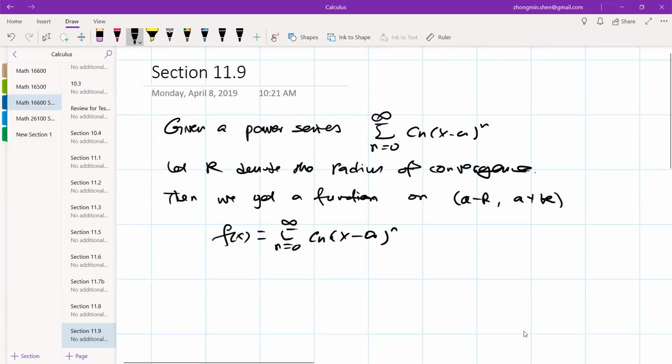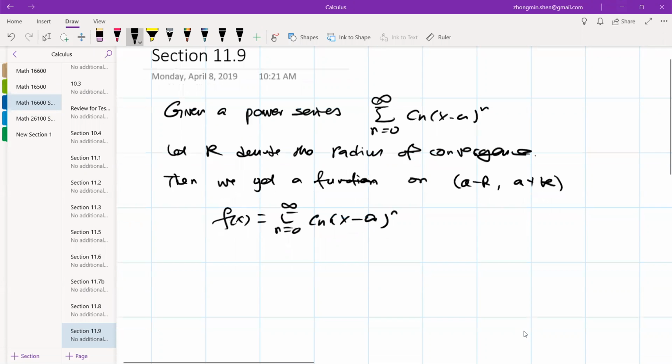I call it a generalized polynomial, a polynomial of degree infinity. So we get a function, and every power series defines a function.